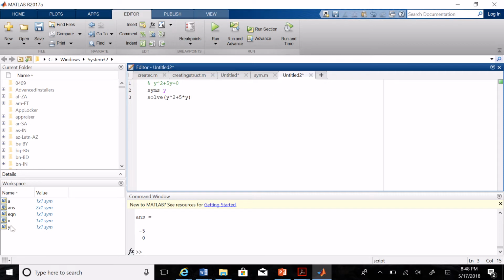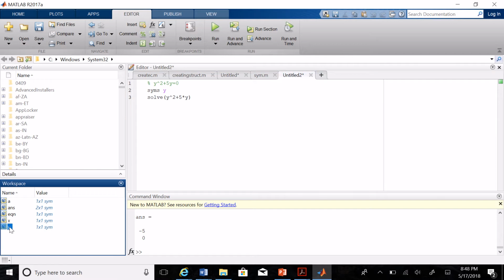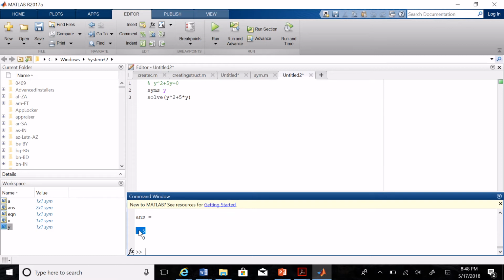If you come here and look at your y, you see that it says 1 by 1 sym. So although you have minus 5 and 0 as answers, they are symbols. If you want to use them in another equation, you have to type double.